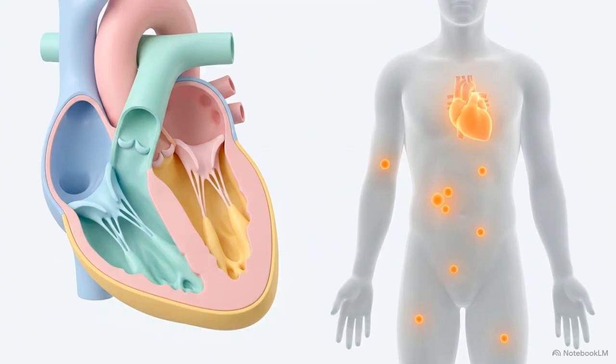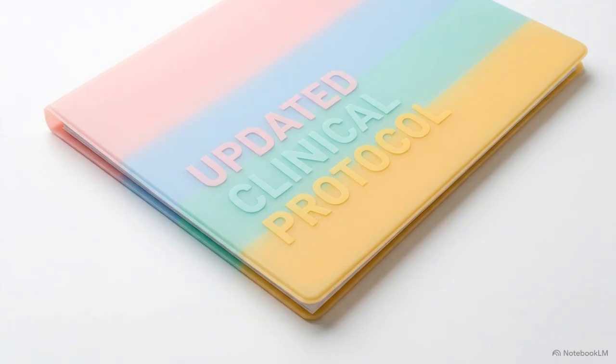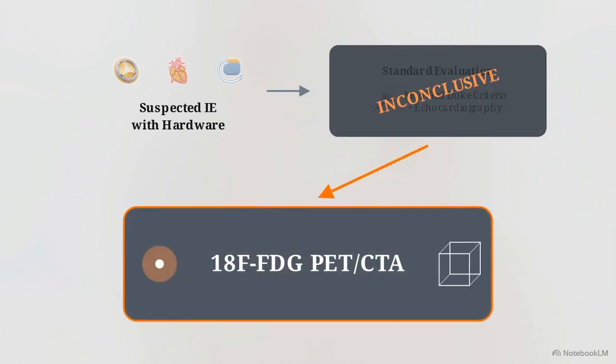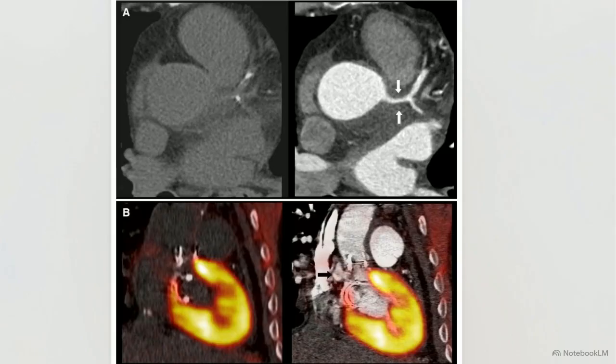The diagnostic algorithm for prosthetic endocarditis is changing. When standard criteria and echocardiography are inconclusive in high-risk patients, 18F FDG PET-CTA is the definitive next step. A successful study requires strict myocardial suppression and the anatomical precision provided by IV contrast and ECG gating.